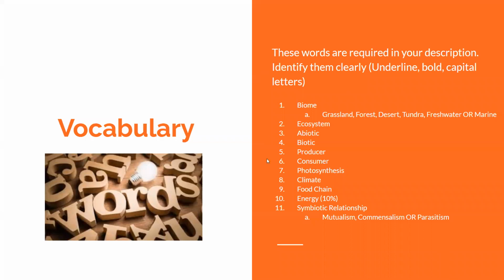That works. But these 11 vocabulary words need to show up, and you need to identify them clearly. So you need to actually use these words correctly. You either need to underline them, bold them, or use capital letters, I don't care, but you need to make sure that I can see that you're using these 11 vocabulary words in your model.